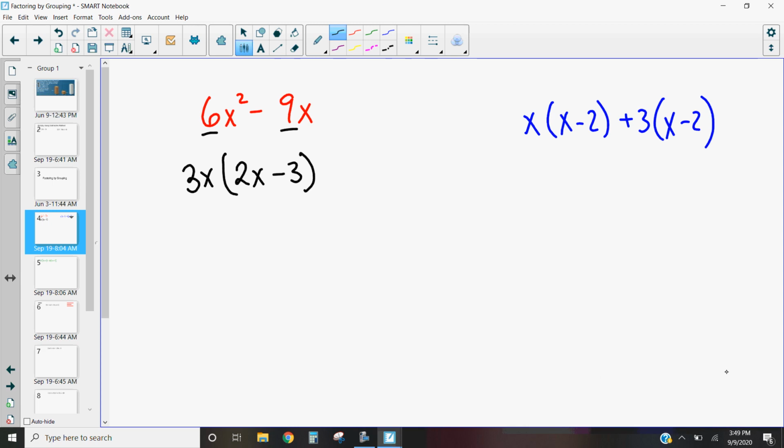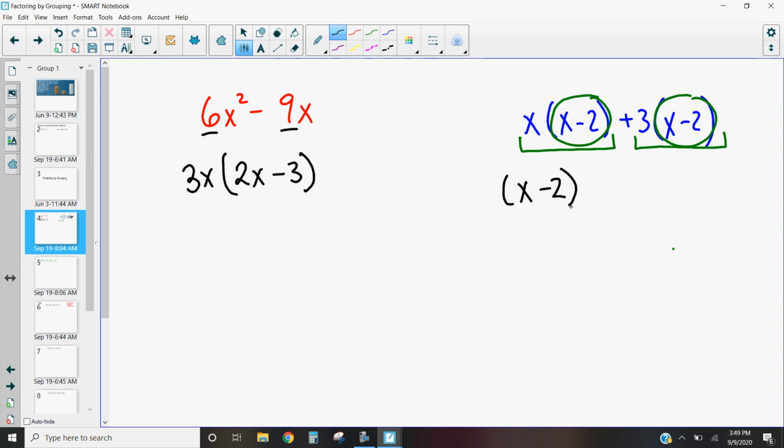Now, in this next example, we aren't going to factor out an individual variable or number, but we're actually going to factor out a polynomial. Look at our two terms in this polynomial. I have x times x minus 2 and 3 times x minus 2. Notice how both of these have the polynomial x minus 2 contained within them. I can pull that x minus 2 out.